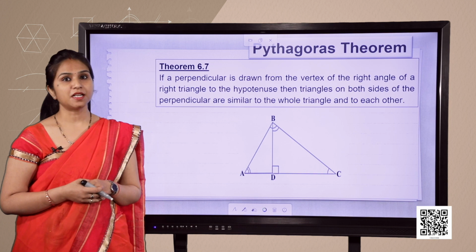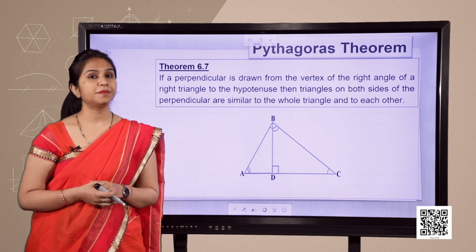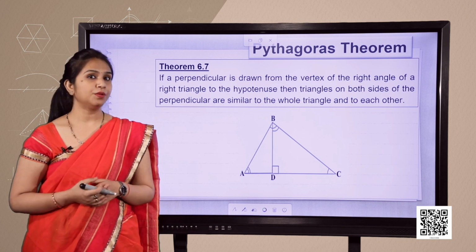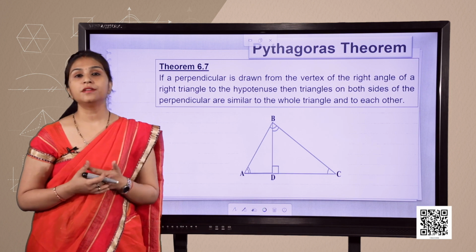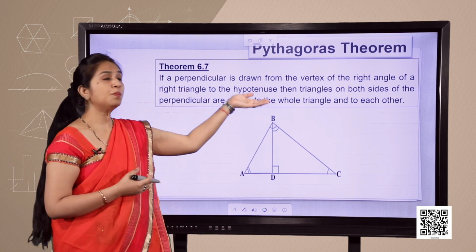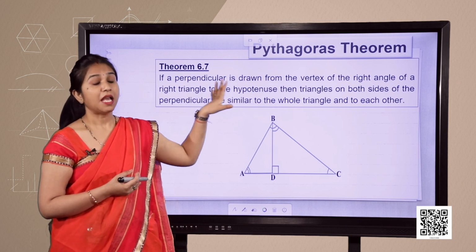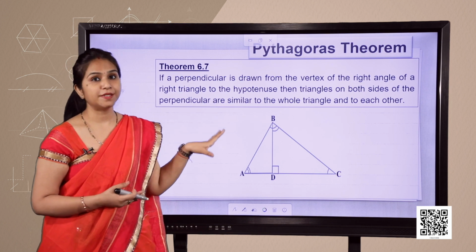But before we start Pythagoras theorem, children, there is one more important theorem, theorem 6.7 in your book, that is very important. See, the proof of the theorem is not there, it is not a part of your syllabus, but it is very important to understand this theorem, as we are going to use it in the proof of Pythagoras theorem.